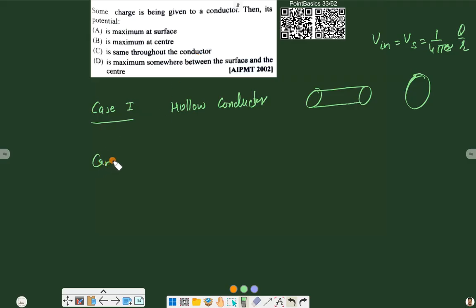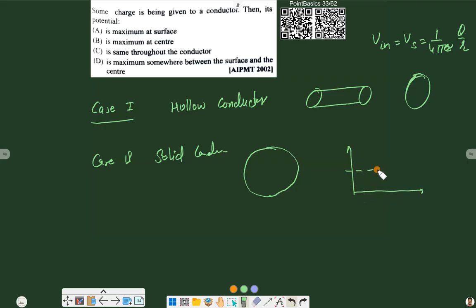Now case 2, if we take a solid conductor, like a solid conducting sphere. In this scenario, the potential at the center is maximum, and it keeps on decreasing as we move from the center towards the outer surface, and the potential curve lies something like this.